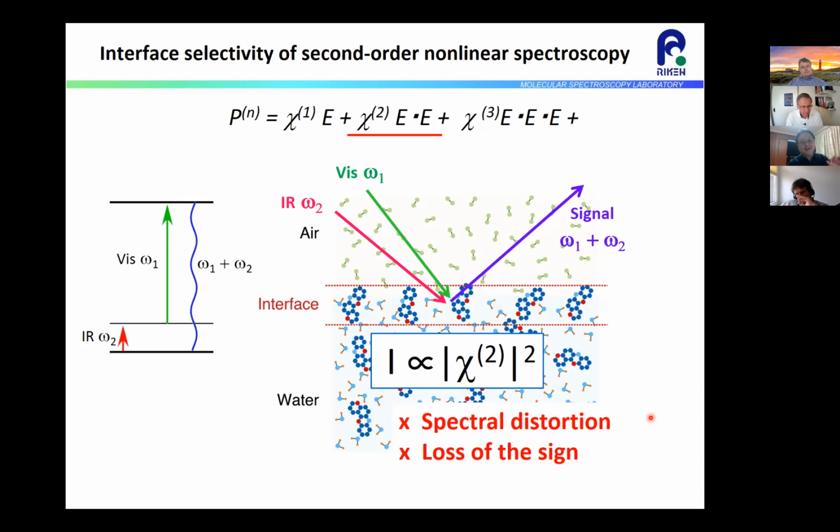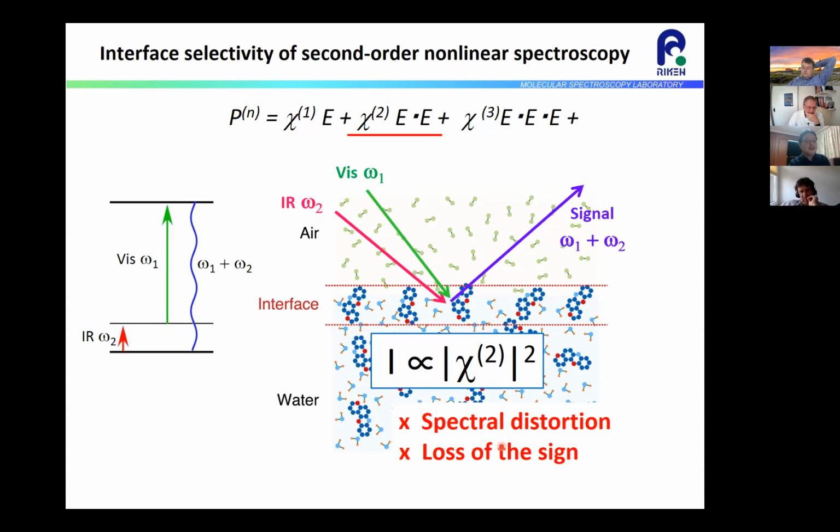As everybody in this community knows, second order nonlinear spectroscopy has intrinsic interface selectivity, because second order nonlinear optical phenomena occur only in the region where inversion symmetry is broken.